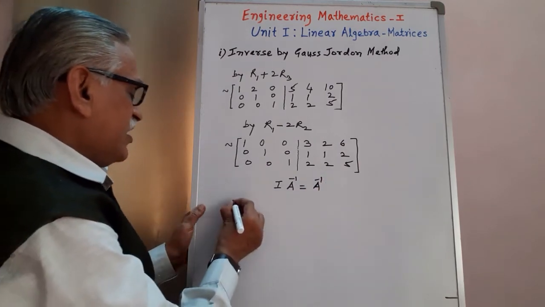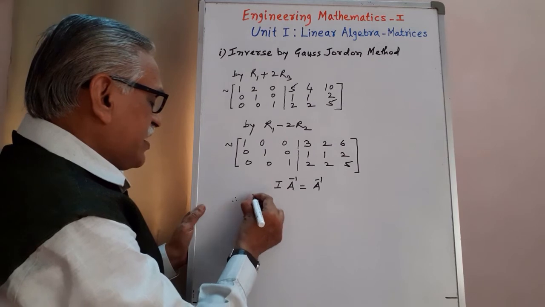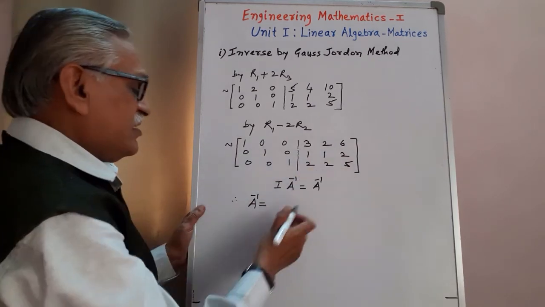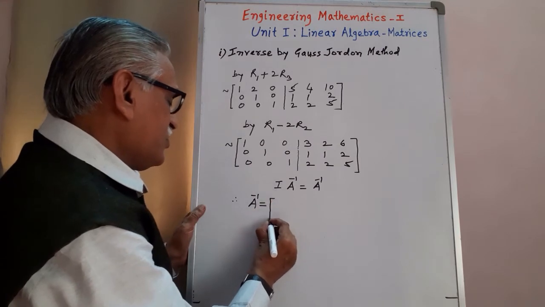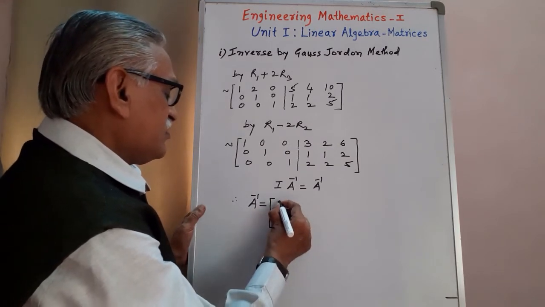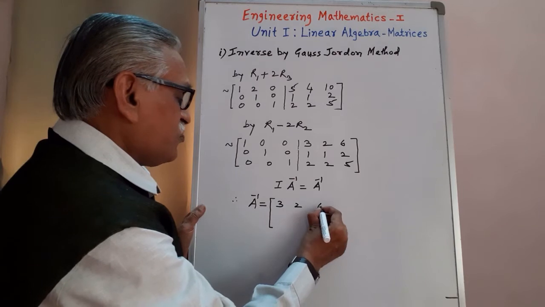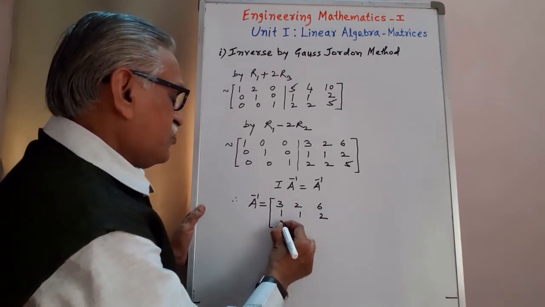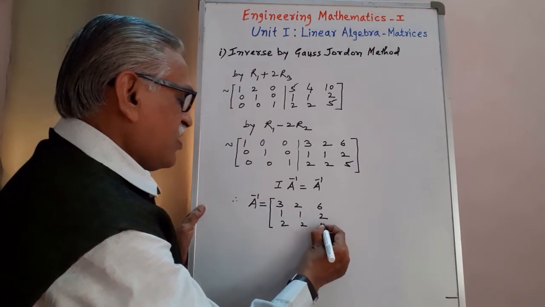We get that inverse matrix as this matrix, and the answer for this problem is 3 2 6, 1 1 2, 2 2 5.